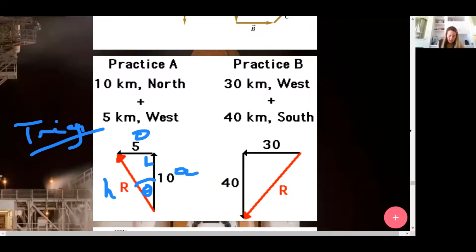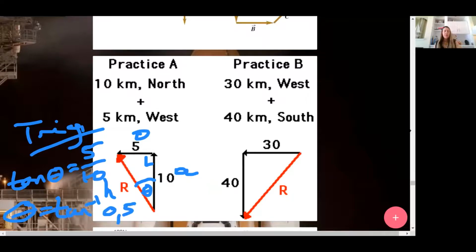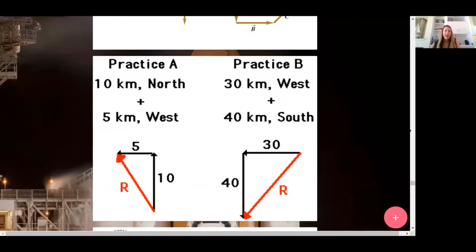So we know that the tan of theta will be opposite over adjacent. And from there, you are going to work out the anti-tan of 5 over 10, which is a half. You work that out and you get your angle, please, in degrees. The same here, you are going to work out that angle using trigonometry.